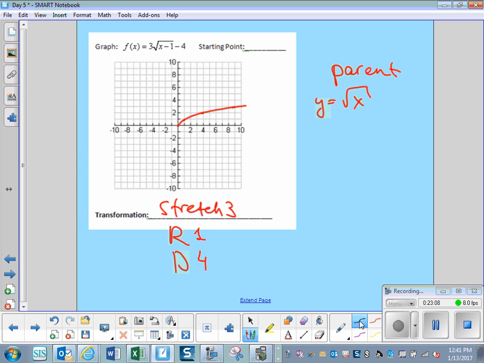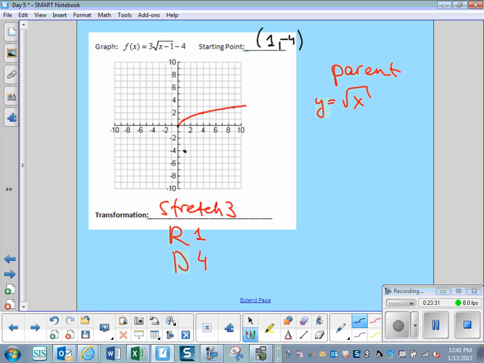Right 1, down 4. The stretch does not affect my starting point, because 0 times 3 is still 0. So right 1, down 4. My new starting point is 1, negative 4.